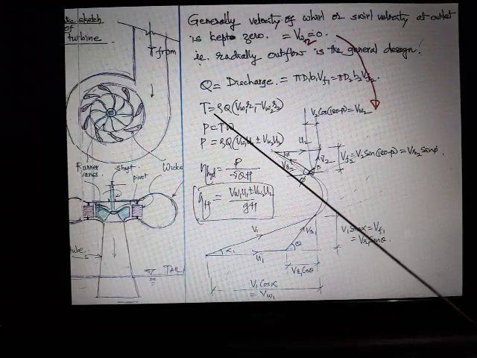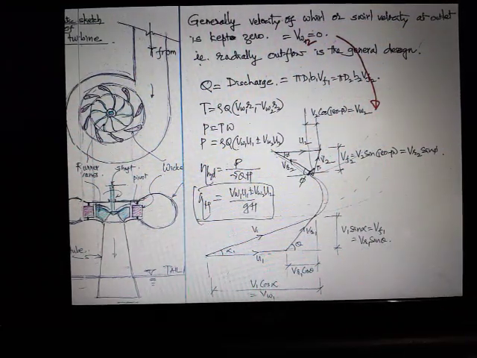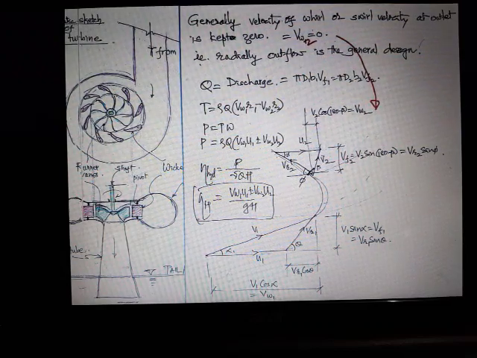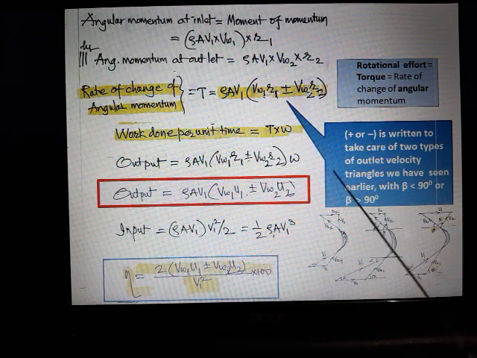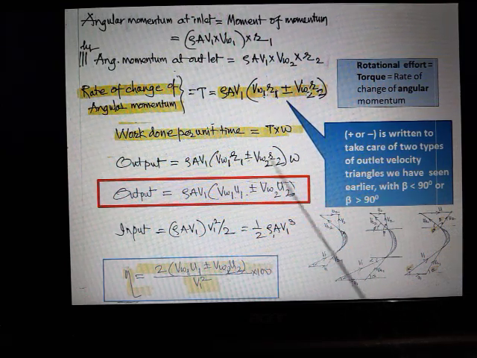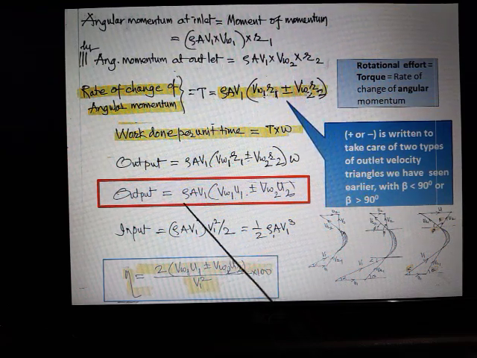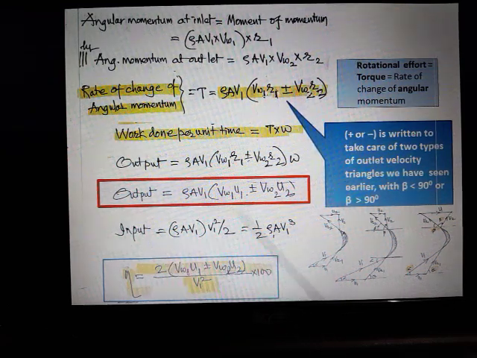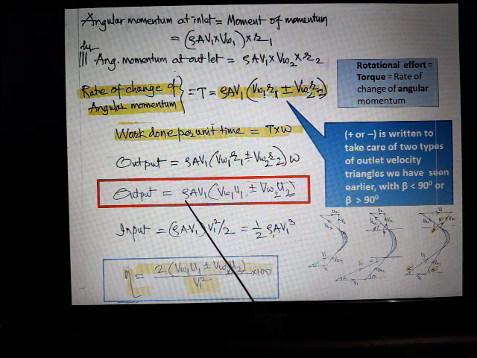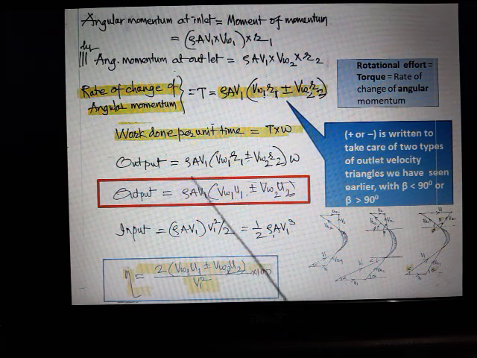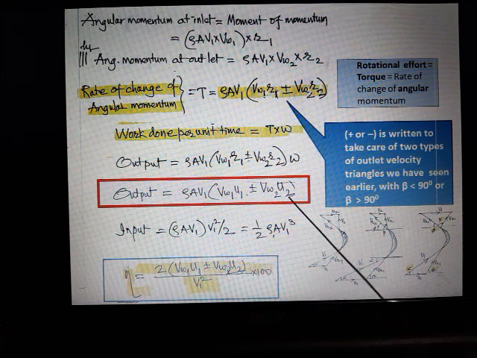Now if you recall the torque T, I'll go slightly further and show you. This slide we have already seen when we discussed a series of vanes on radial flow, the impact of jets. So in this particular formula, where momentum etc. is considered, the output or work done is given by rho A V1, that is rho Q, the mass rate of flow, into VW1 U1 plus or minus VW2 U2.